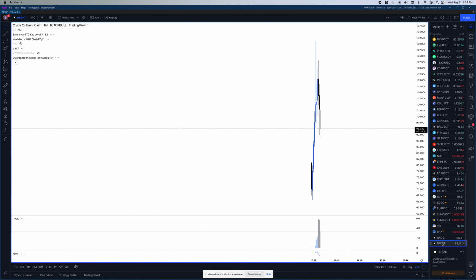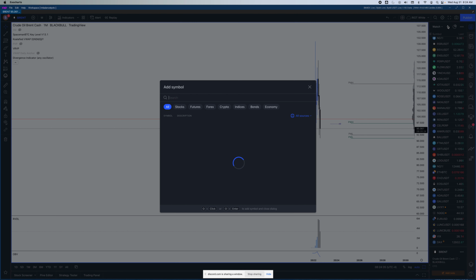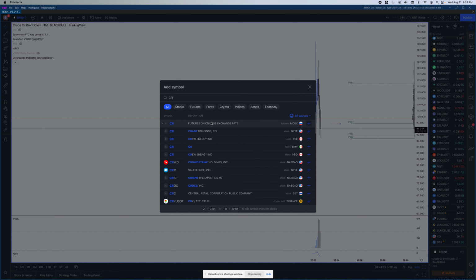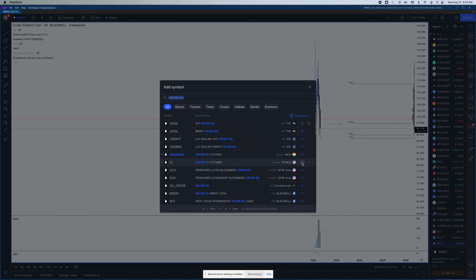What I'm looking for is an oil futures chart that has some legitimate volume on it, so that we can look at it in a little more detail. Let's see. Probably try this one.